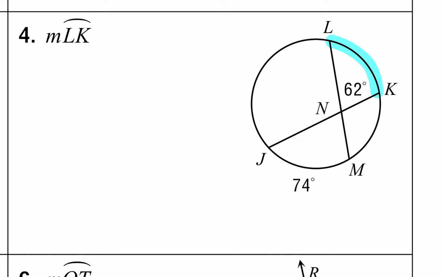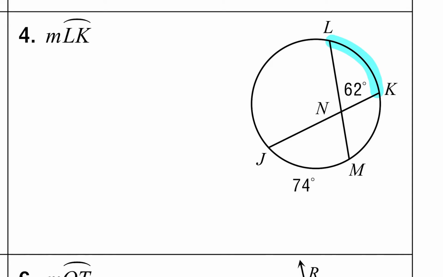They want this arc here, LK, and I know the relationship of arc LK is going to be directly related to this angle and this arc. Because if you think of the notes earlier, you know that you're able to find this angle by adding this arc and then taking a half of that.